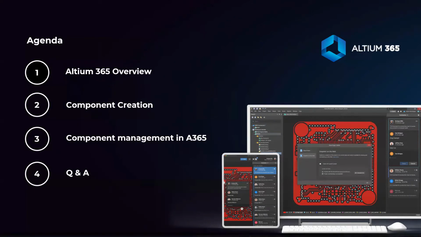Then component management in Altium 365, where we are going to see life cycle management, component validation, BOM checks, and some more topics. Finally, you will have a question and answer session. If you have any questions, you can type in the chat or ask me at the end of the session.